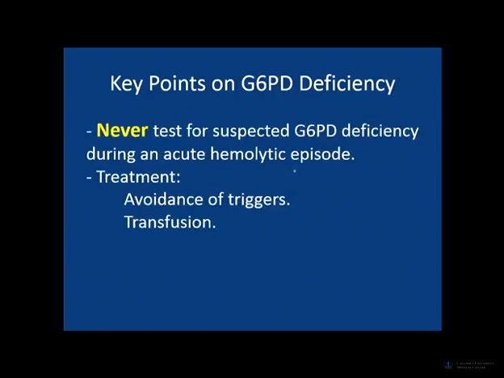Remember, when someone hemolyzes with G6PD deficiency, the red blood cells which are most deficient in G6PD are destroyed. So if you suspect that somebody has G6PD deficiency, don't test them when they roll in the door with terrible hemolysis, because you're not going to find it. Those red blood cells have been destroyed.